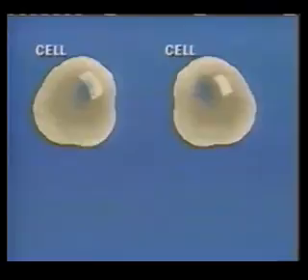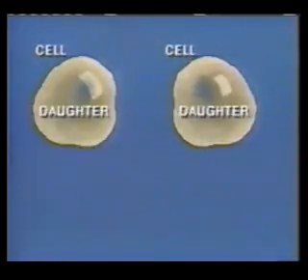Ladder-like, corkscrew-like, zipper-like, the two new DNA molecules are ready for distribution, one to each of the two daughter cells which are formed by cell division. Each daughter cell has inherited the original genetic information found in the original cell.